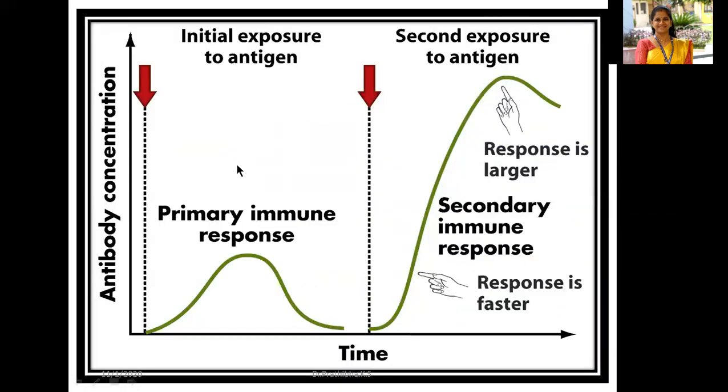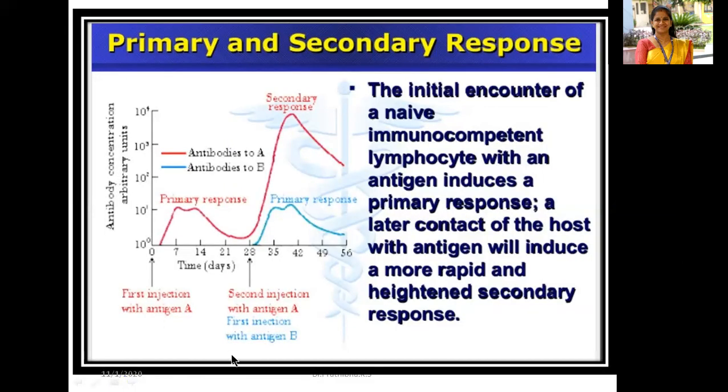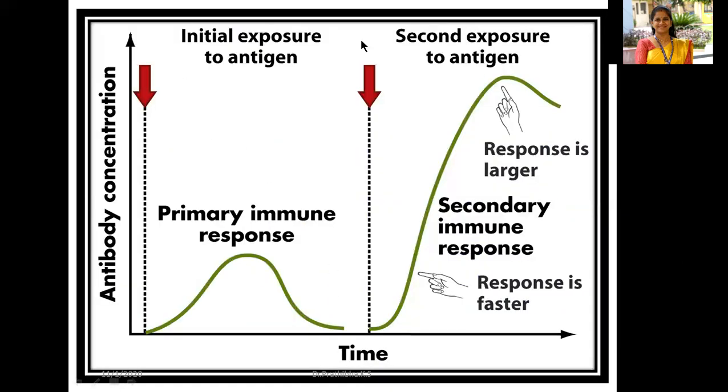If you feel it is very difficult with this graphic representation, you can keep this graph in mind. This is the antibody concentration and this is the time. First injection of the antigen, primary immune response, a very delayed type of immune response where you could see the presence of IgM immunoglobulin molecule, on initial exposure to antigen. When the same antigen enters the body system, the memory cells will encounter the same antigen.